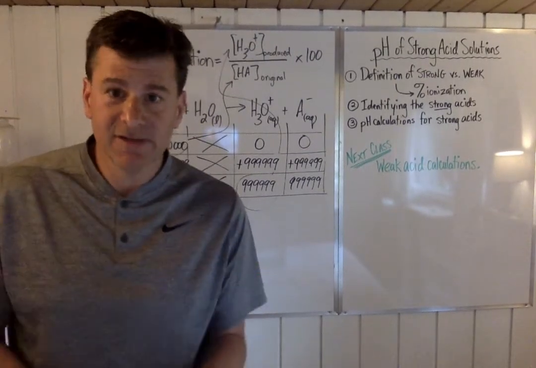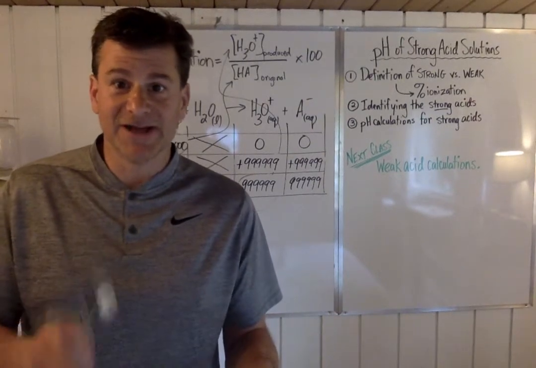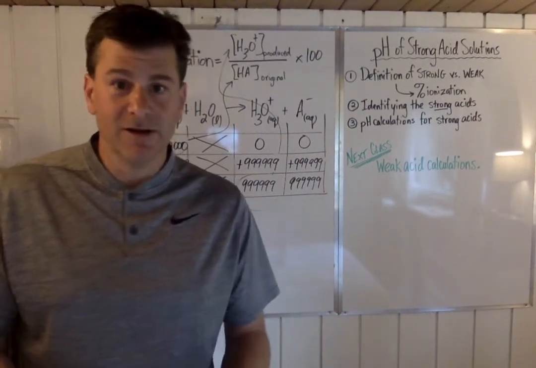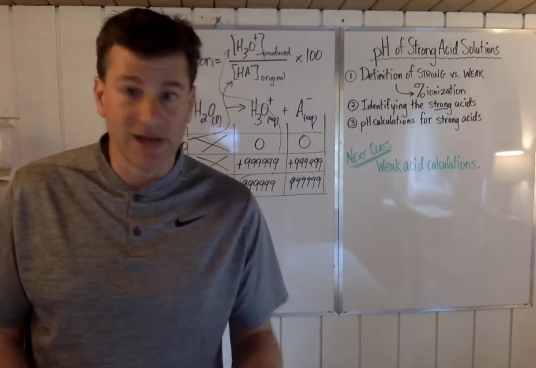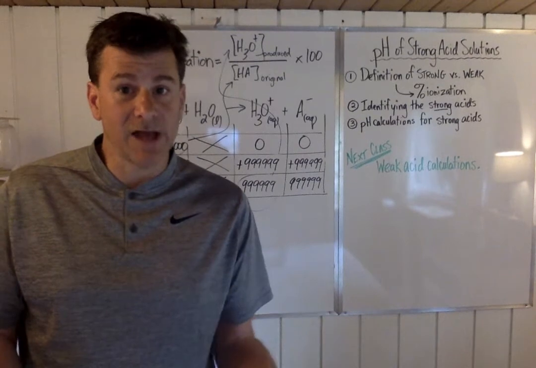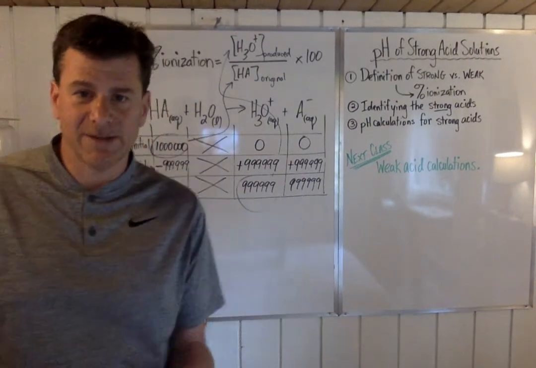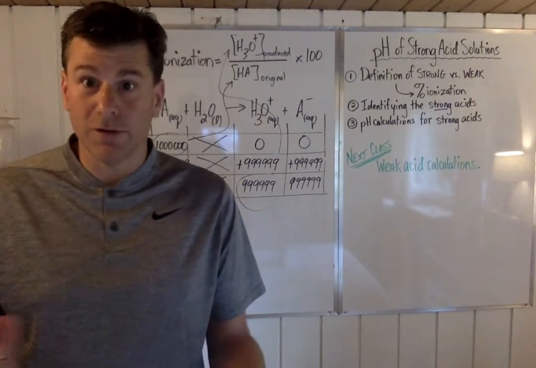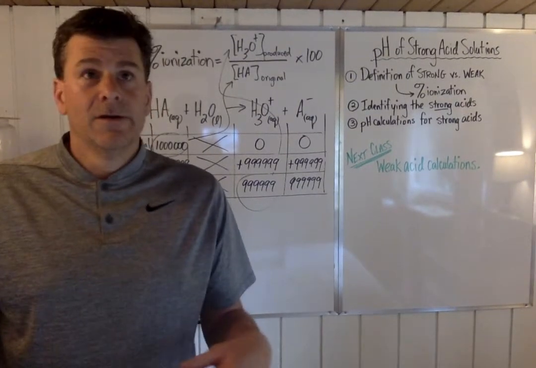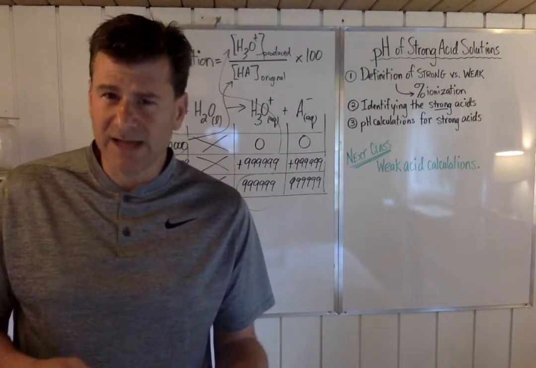The percent would be 999,999 divided by 1,000,000, which is 99.99999%. That's not 100%. Now, in the chemistry world, we're talking about numbers, and I mean, even 1,000,000 is a small number. Can you assume this is 100%?